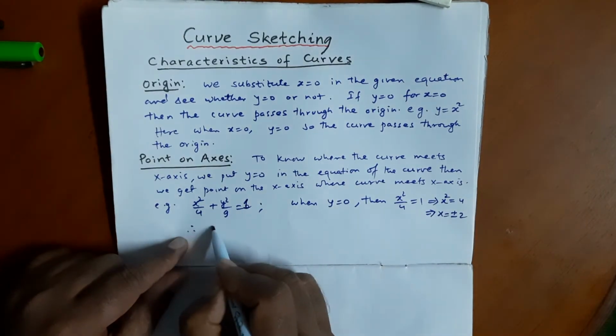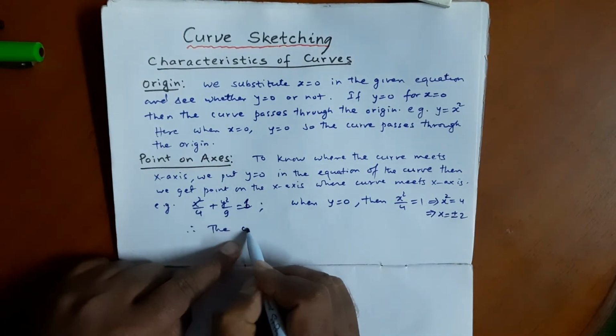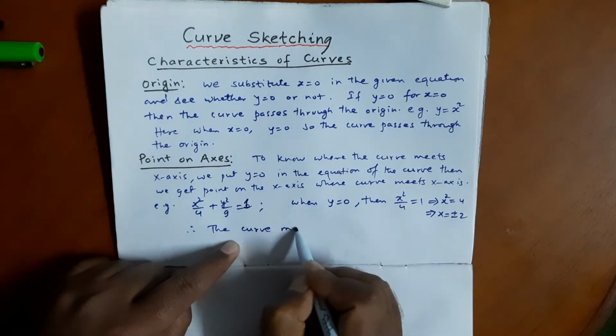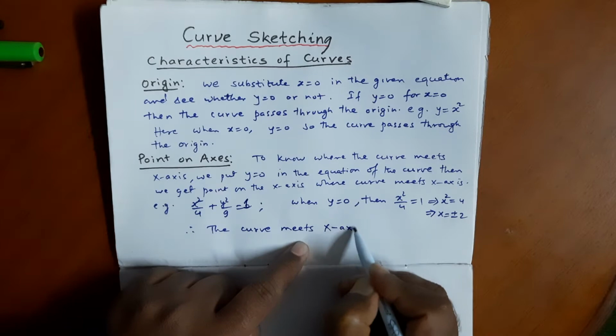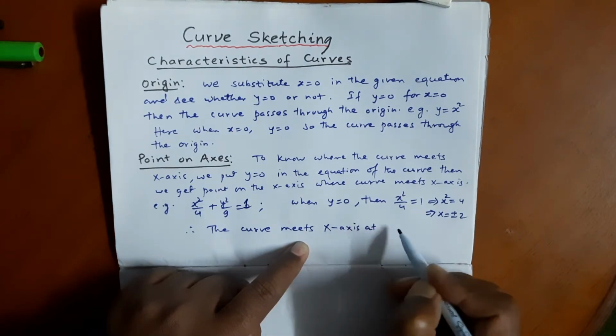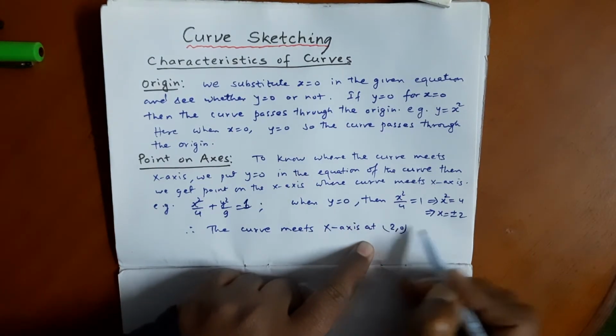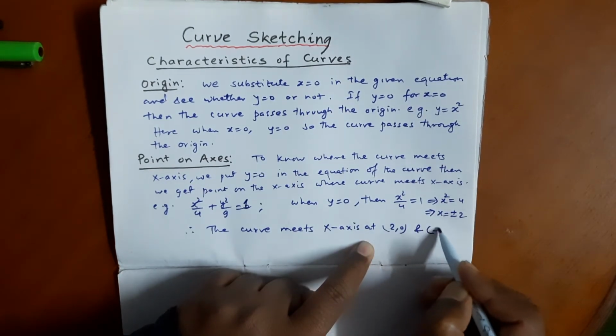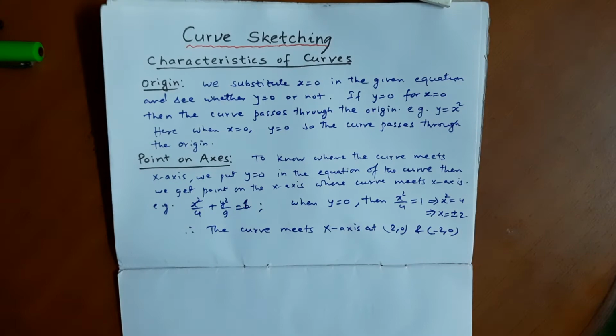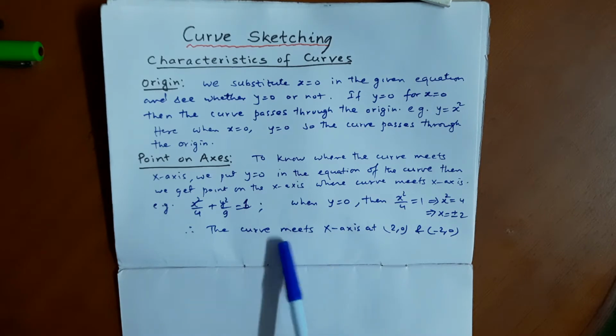Therefore, the curve meets the x-axis at (2, 0), where plus 2 means 2, y is already 0, and (-2, 0). In this way we found where the curve meets or crosses the x-axis.